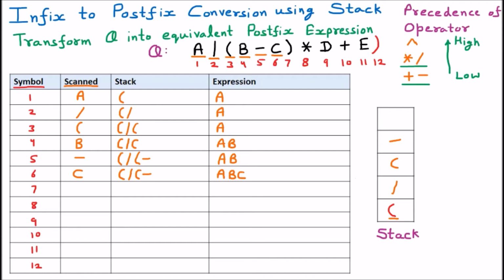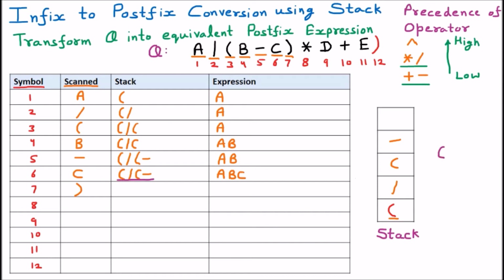Now afterward we are having the seventh symbol, which is closing bracket. Now whenever the closing bracket encounter, first of all, to make you understand, I am taking this expression out. Now this is the expression I am taking out on the rough work to make you understand.